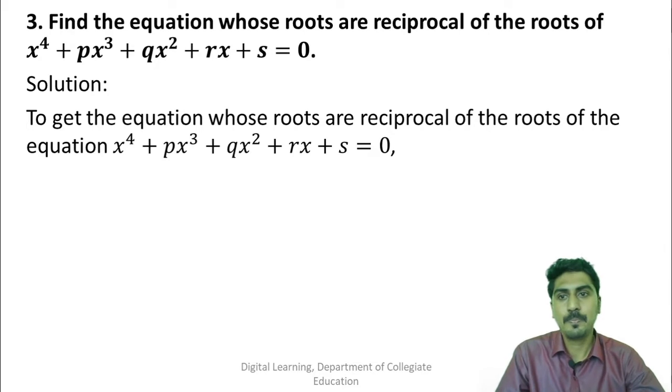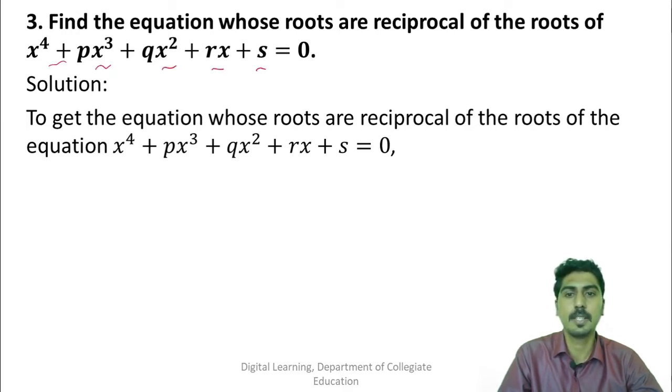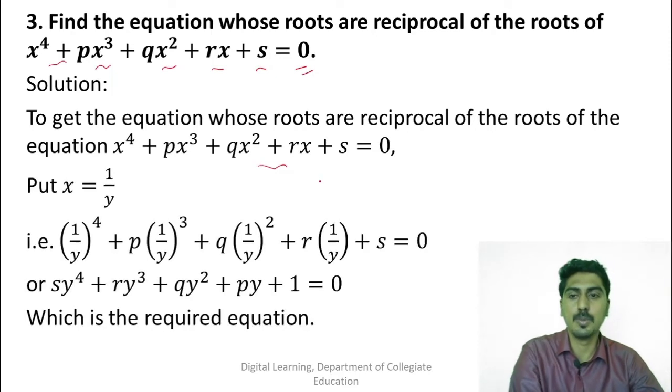The third problem, find the equation whose roots are reciprocal of the roots of the equation x to the power of 4 plus px cube plus qx square plus rx plus s equal to 0. To transform this equation to an equation whose roots are reciprocal of the roots of this equation, we substitute x equal to 1 by y.